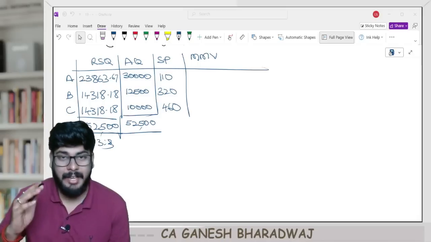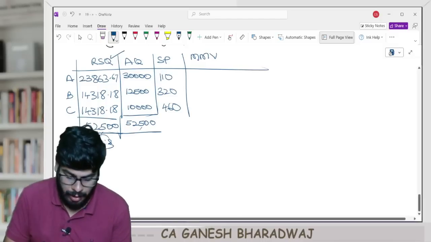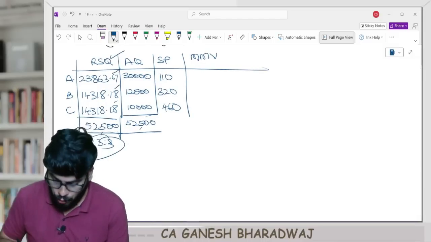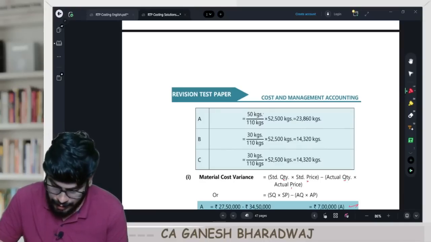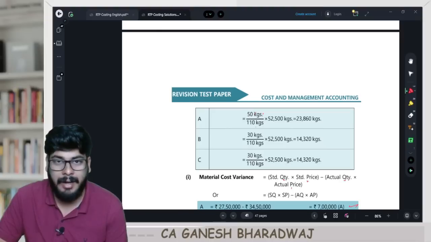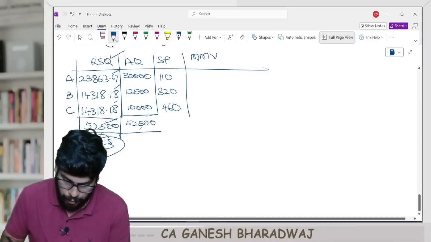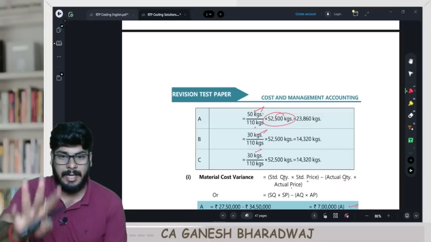Now, guys, ideally speaking, this is how the revised standard quantity needs to be arrived at. But if you look at our institute solution, they have done the same thing: 5 divided by 11 into 52,500. This 52,500 is being apportioned in the ratio of 5:3:3, exactly what we have done.